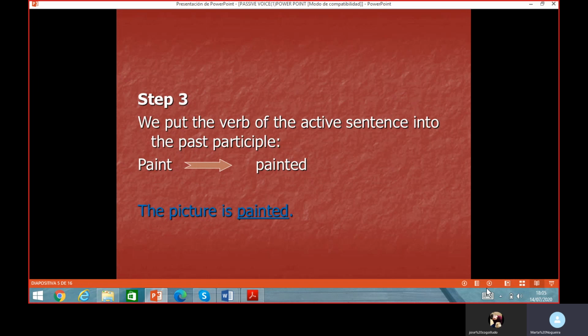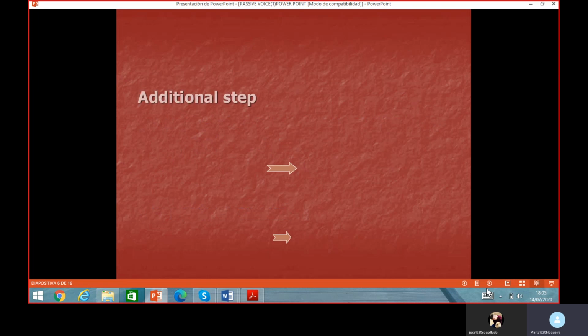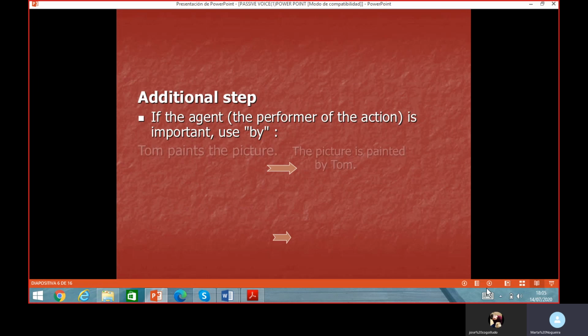The picture is painted. We have an additional step, which is not mandatory, okay? This is not obligatory, and it is: Tom paints the picture. The picture is painted by Tom. In this case, we put the agent complement because we are given a name.